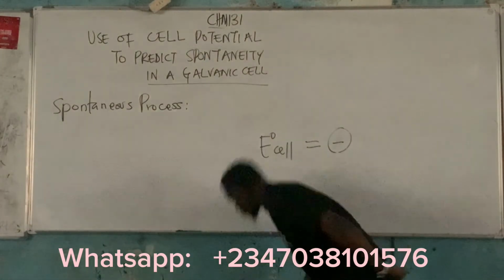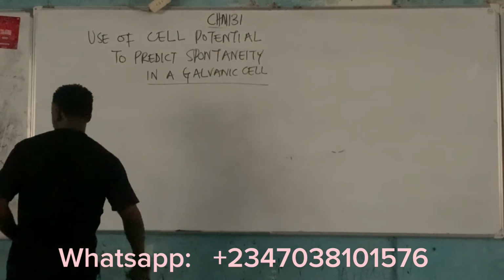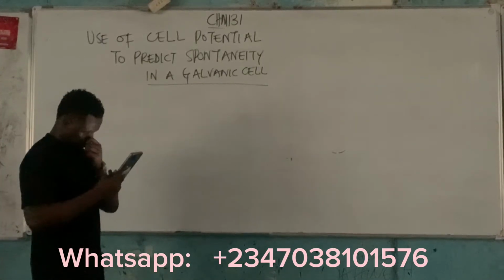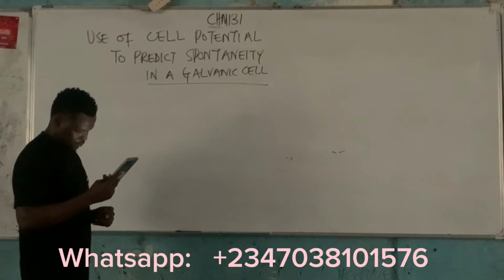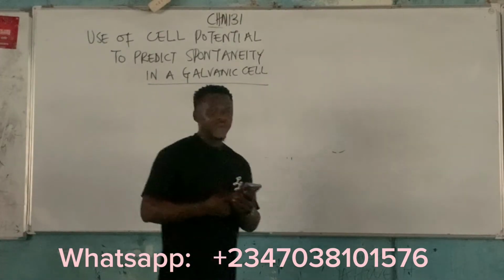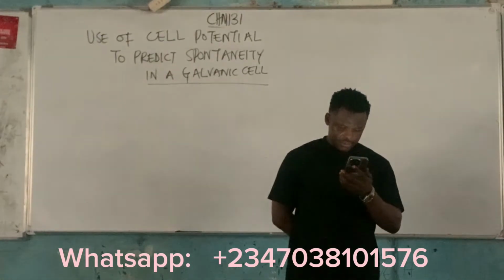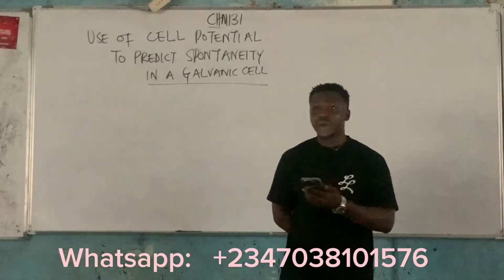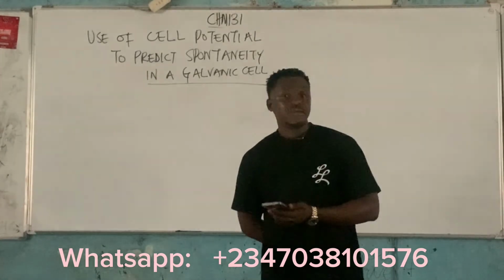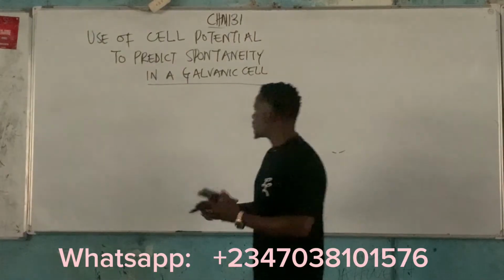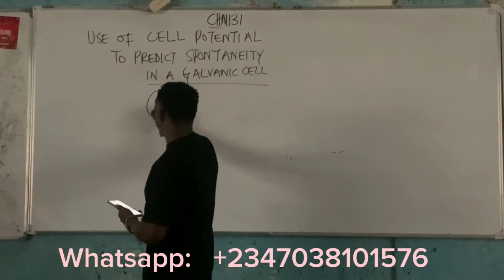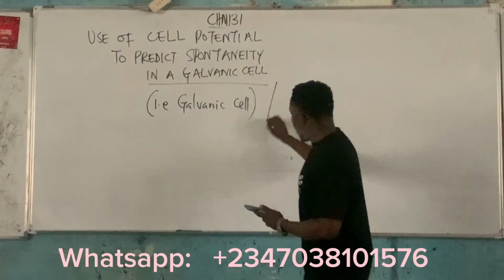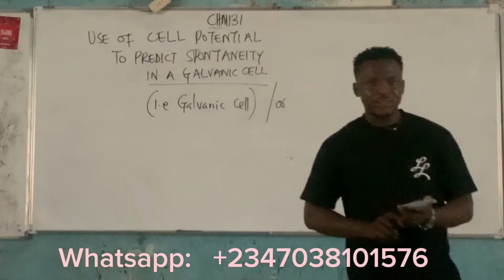So let's put down. Please write. Cell potential can be used to predict if the reaction inside a cell is spontaneous, that's in brackets, that is galvanic cell, or if a galvanic cell can be constructed.